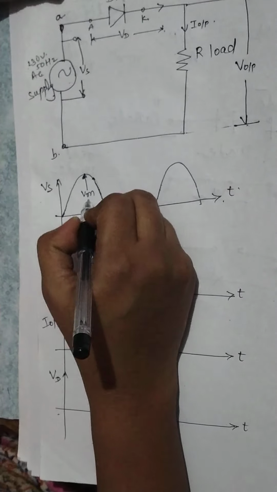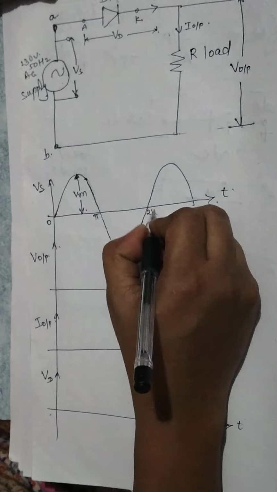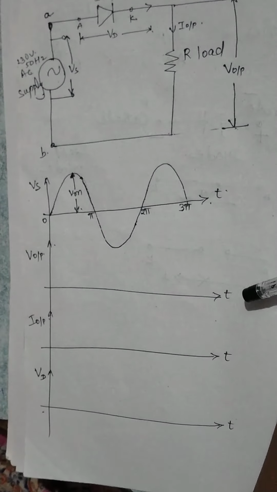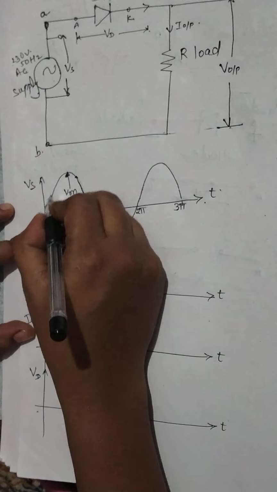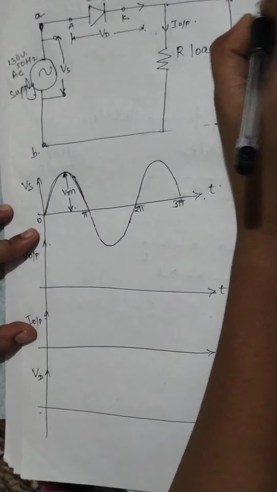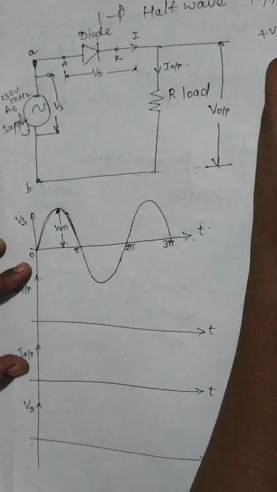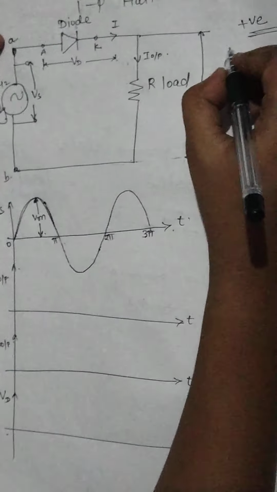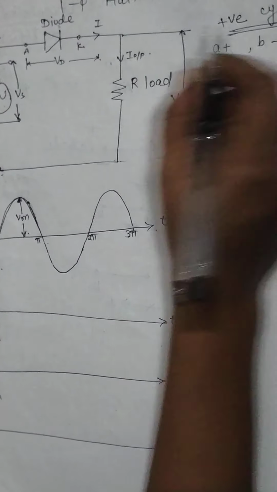Its maximum amplitude is Vm. This is the time axis 0, pi, 2 pi, 3 pi up to n. Right? Now, in the positive half cycle of the supply, this is 0 to pi, small a is positive and small b is negative, right?